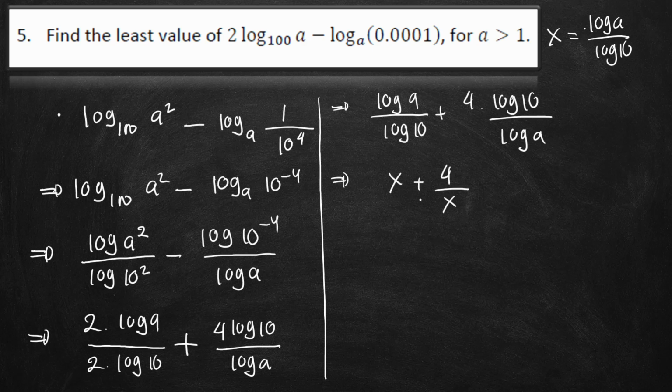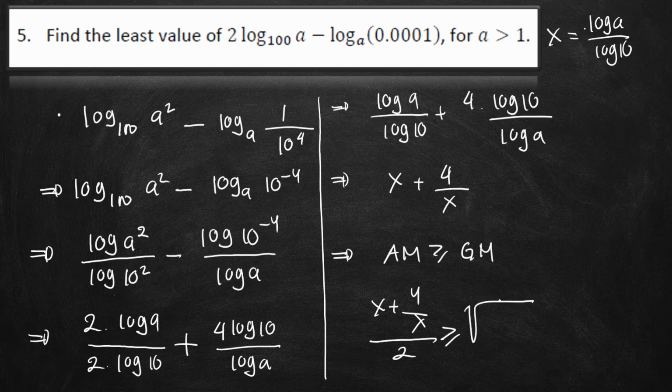Okay, so to find the minimum value of this one, I will use the AM-GM inequality. So x plus 4 over x, over 2, is bigger or equal to the square root of x times 4 over x.